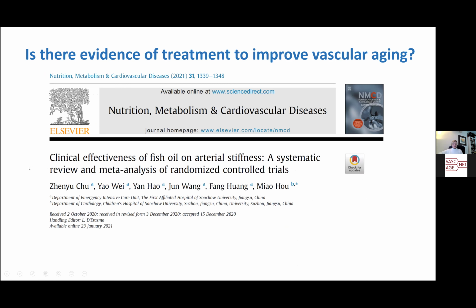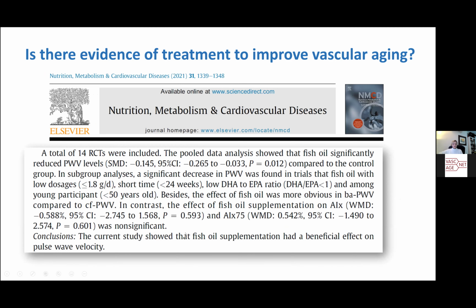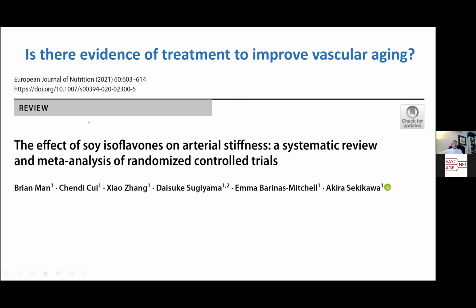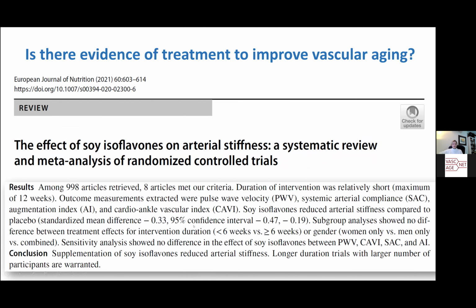Another meta-analysis was on fish oil, and they found that fish oil supplementation had a beneficial effect on pulse wave velocity. There's another one on soy isoflavones, again adding this together in a meta-analysis, and they did find that longer supplementation of soy isoflavones reduced arterial stiffness, but we need longer trials.